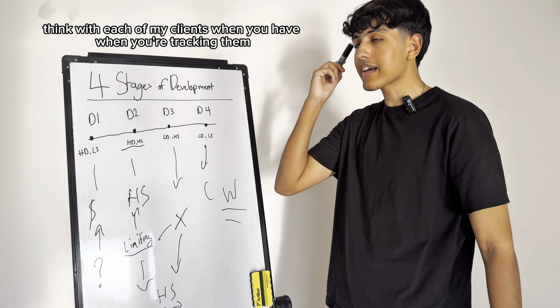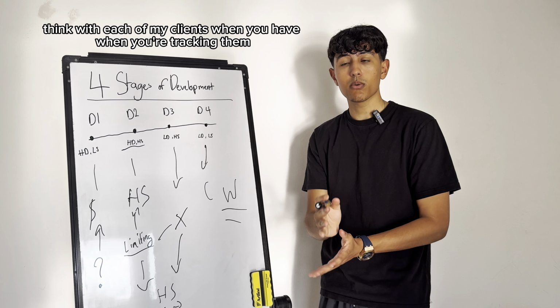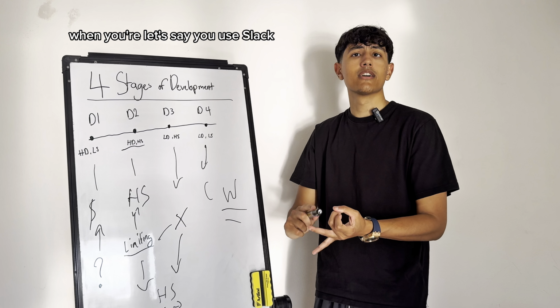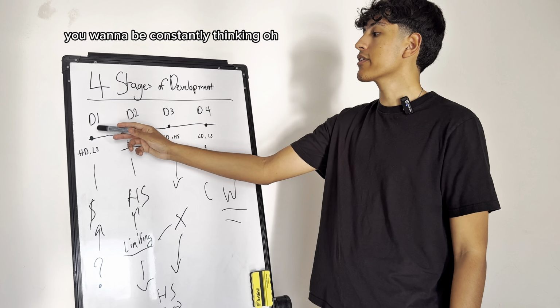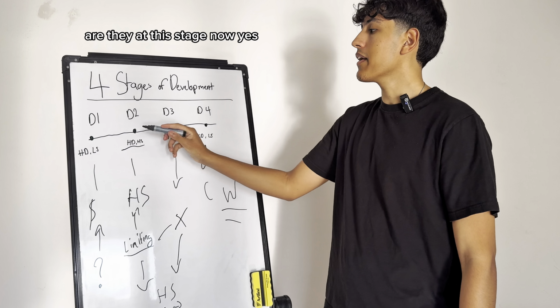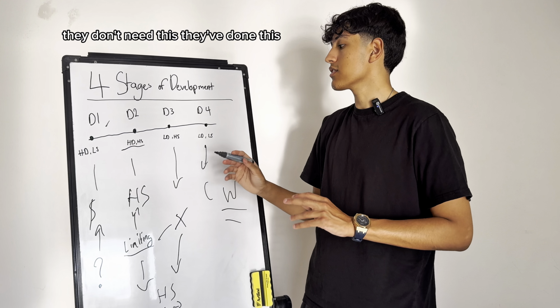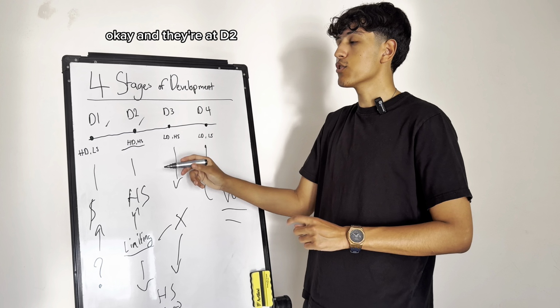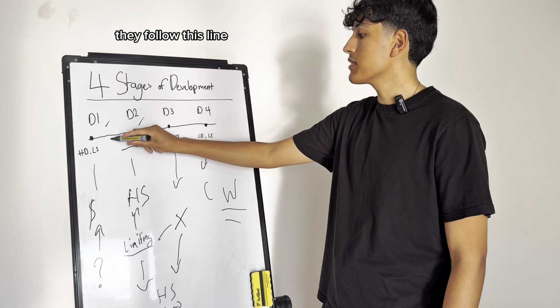And think with each of my clients, when you're tracking them, let's say you use Slack, Google Docs, Google Sheets, anything like this, Discord, you want to be constantly thinking, oh, are they at this stage now? Yes, they don't need this, they've done this, okay. Are they at D2? When you start tracking it like this, all of a sudden, by the end of it, they follow this line.